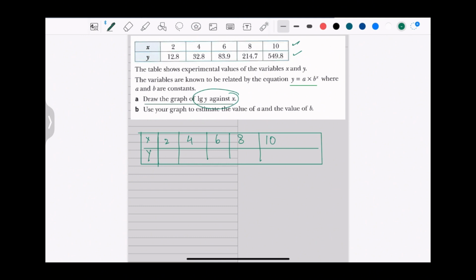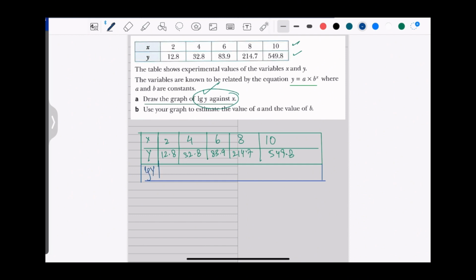We are not taking y, but we are taking LGY. So y was 12.8, 32.8, and 549.8. Now I am drawing against LGY, which means on the y-axis it will not be y, it will be LGY. So let's find out the values of LGY.